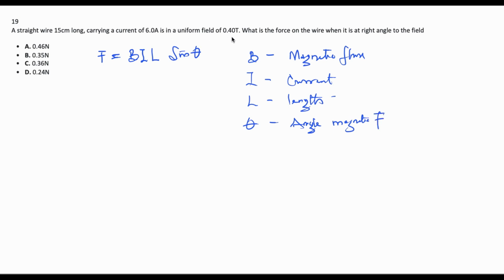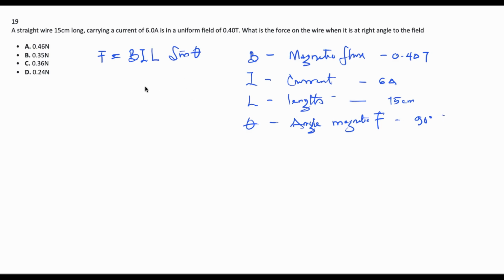So from our question, we know that the magnetic flux density is given as 0.4 Tesla, and the current flowing through the conductor is given as 6 amps. The length of the conductor is given as 15 centimeters, and we're told that the field is at right angle, so this is 90 degrees.